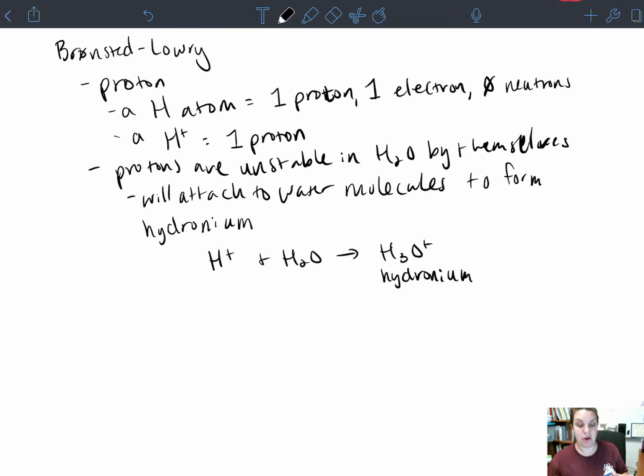Okay, and that's how our acid, when it dissociates to produce H plus ions, and that's what an acid does, it dissociates to produce H plus ions. When that occurs, that H plus ion is going to attach to a water molecule. So we can use the idea of H plus or H3O plus simultaneously, they're basically synonymous.